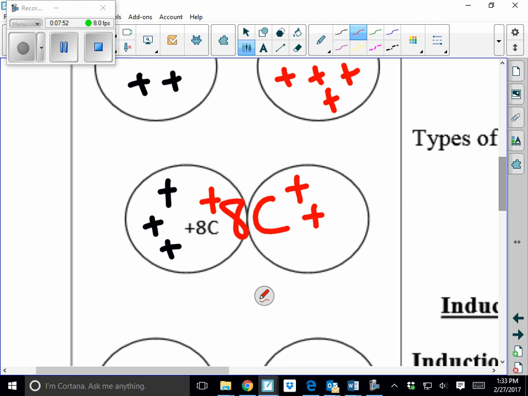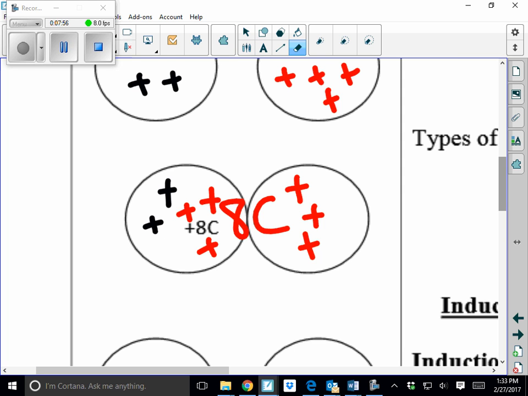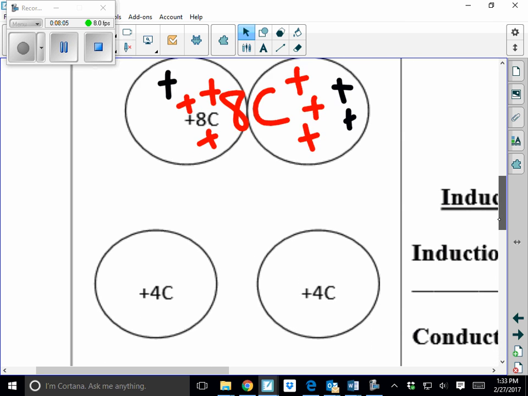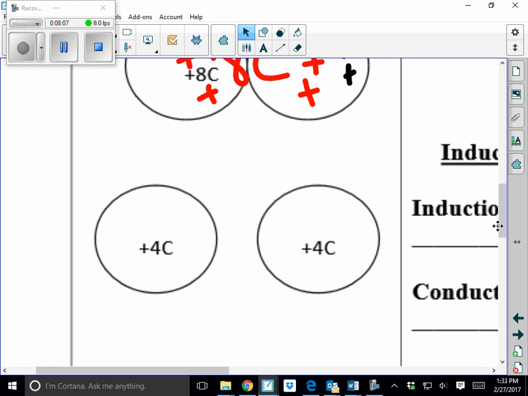Oh, I should have split them up, like here, here, here. And let's bring these guys over here. So, among those charges, what ends up happening is they evenly split out because they don't like each other.